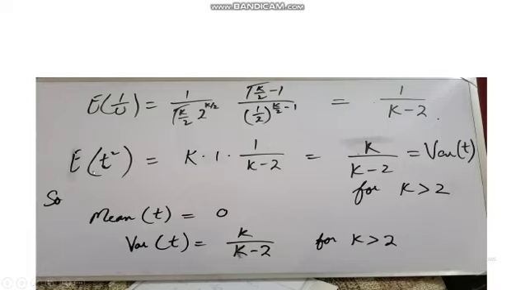Putting it into the expected value of t square, we have k into 1 over k minus 2. So the final answer of the expected value of t square is k over k minus 2, which is the variance of t. Hence, the mean of t is 0 and the variance of t is k over k minus 2 for k greater than 2.